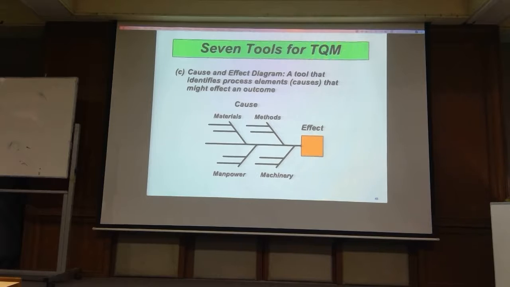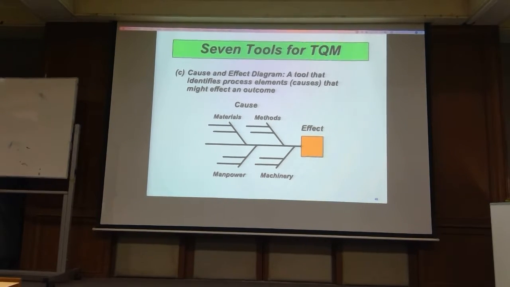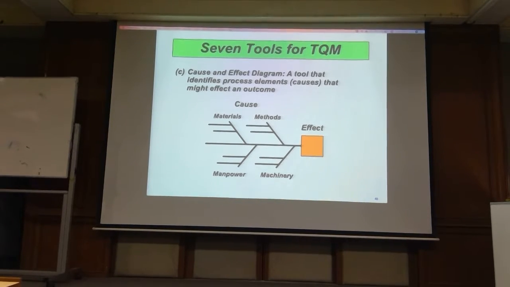It's called the effect. The effect means this kind of problem, and then for each bone or branch line that you see on the left-hand side, you need to brainstorm with your team and think about what kind of cause makes this problem occur. Normally we have 4 or 5 major causes, regarding material, method, manpower, or machinery, or another one like the environment.